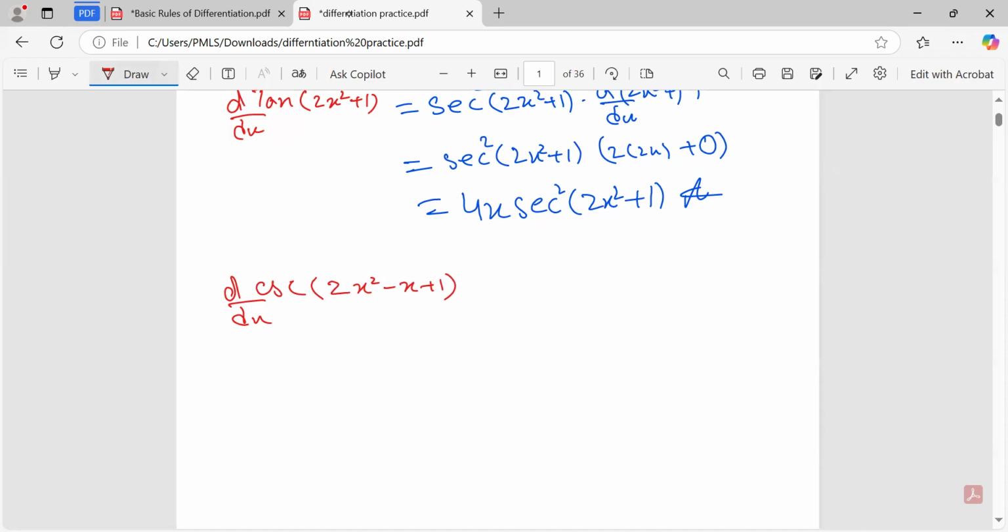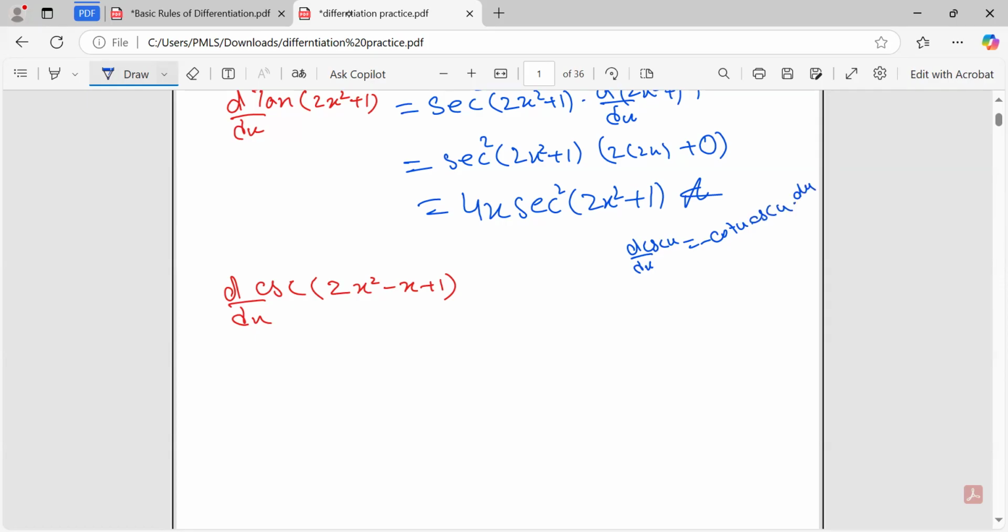So in this case, we know what the rule is. The rule states that the derivative of cosecant u is equal to minus cot of u times cosecant of u times du by dx. So in this case, it will be minus cot of u, which is 2x square minus x plus 1, times cosecant of u, that is 2x square minus x plus 1, times the derivative of its angle, 2x square minus x plus 1.